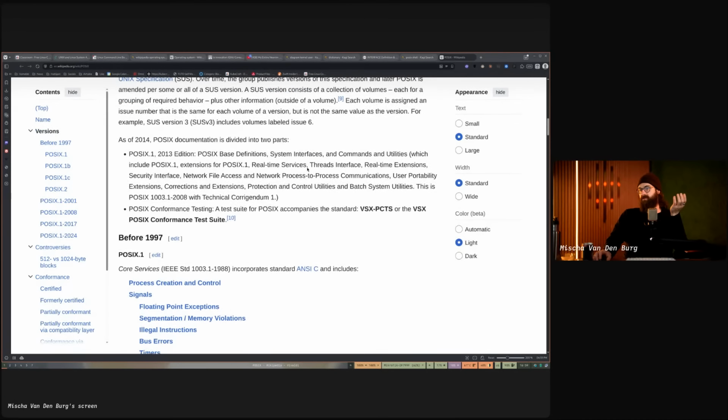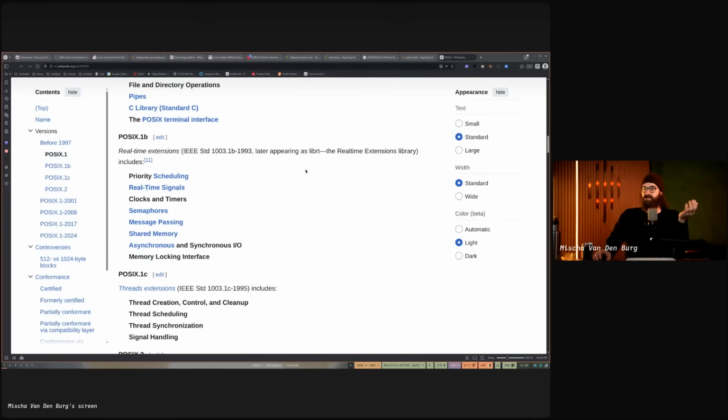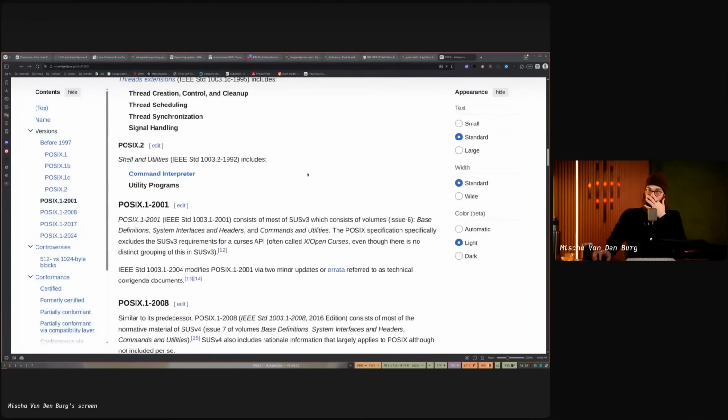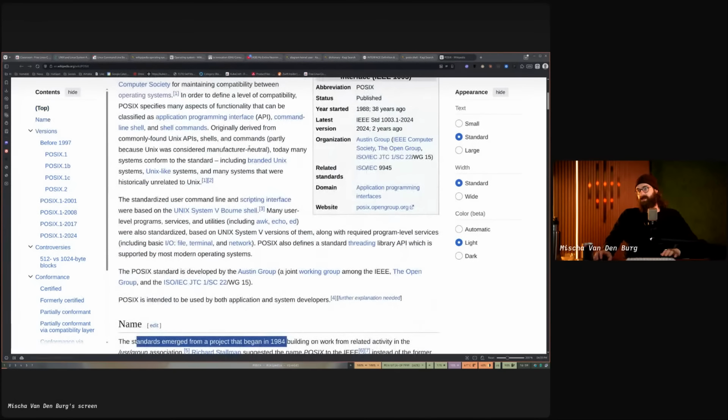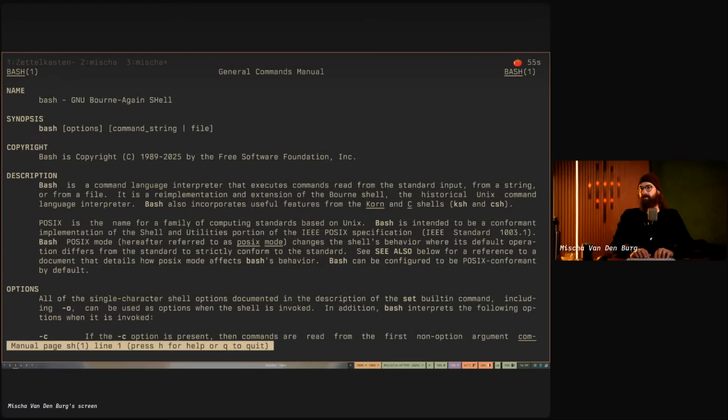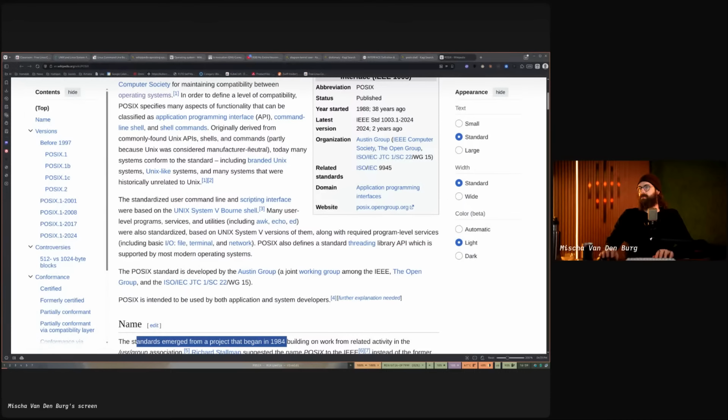So I'm definitely not an old dusty system administrator who actually knows all of this. But there is the POSIX shell. So that is when you run which sh, then this is the POSIX shell. Man sh. No, POSIX shell.